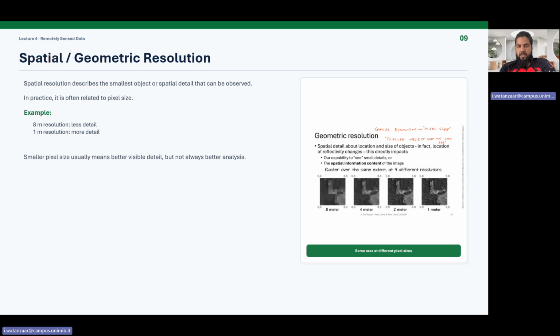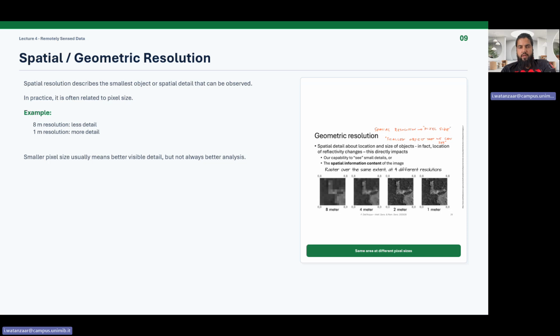The same case applies here. It is not necessarily true that a smaller pixel size means better detail. Usually it does, but it's not always good for analysis, because the ultimate objective of acquisition is the analysis, and the issue is the processing of such data.